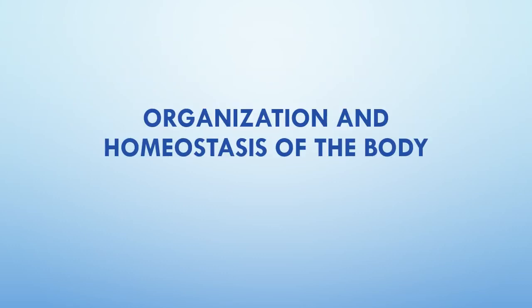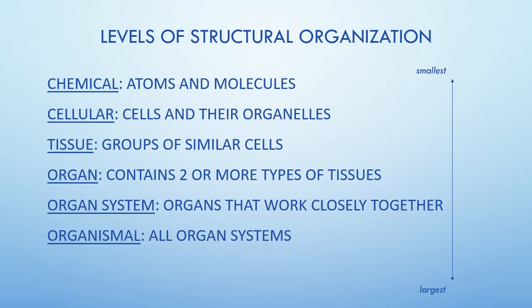So we'll take a brief look at how the body is put together in terms of the different components that we have, and then take a little bit of a look at homeostasis. Even back in anatomy, you looked at how the body is structurally put together. We're going to start with the smallest level of organization, the chemicals.